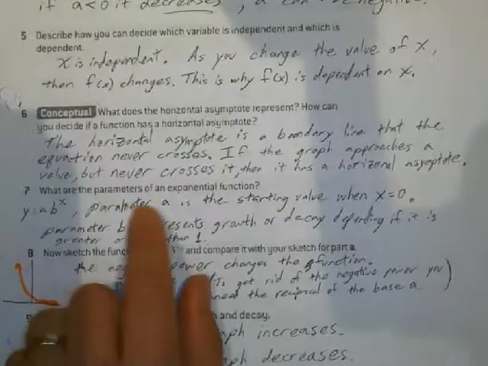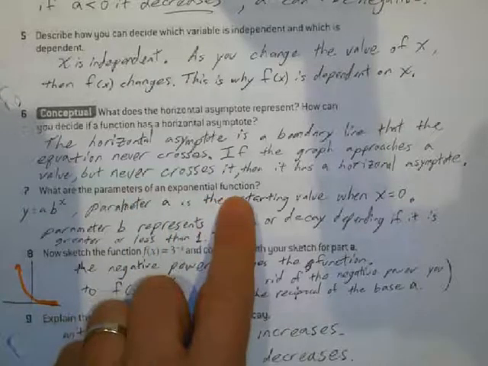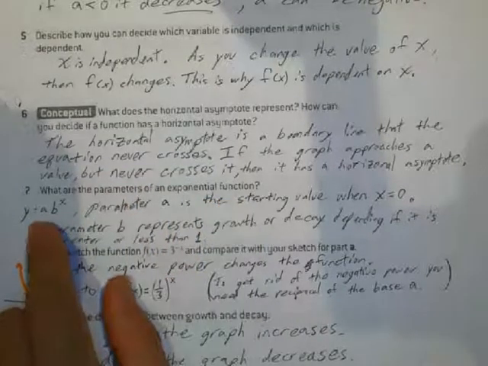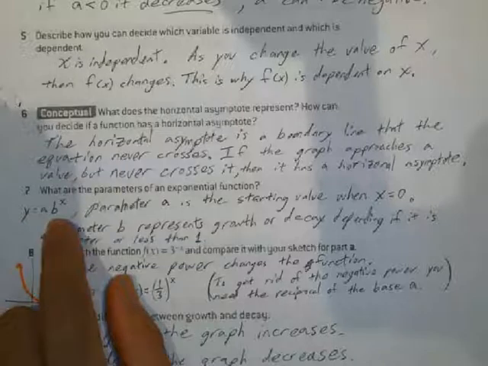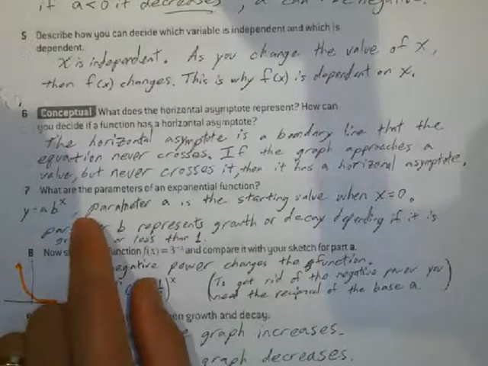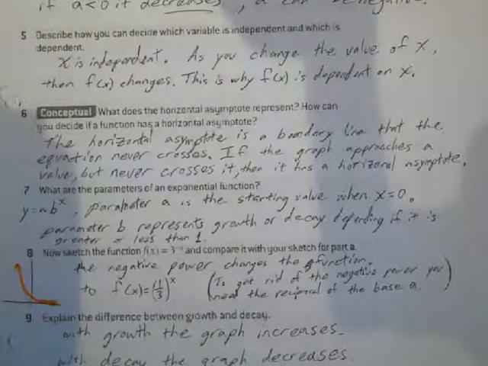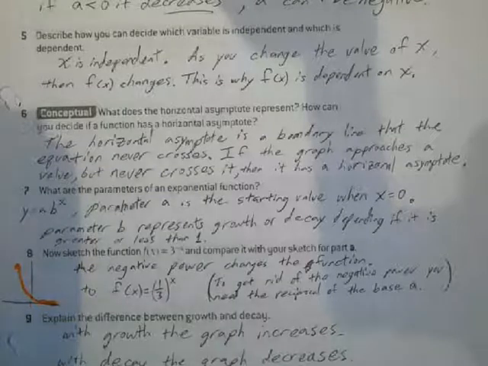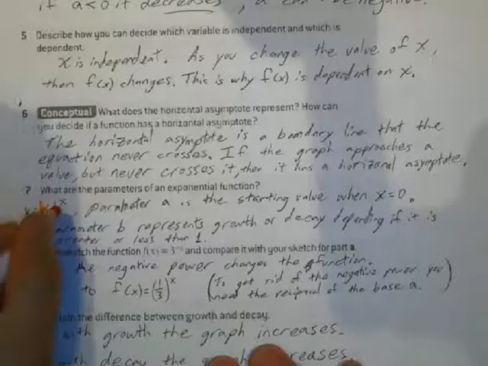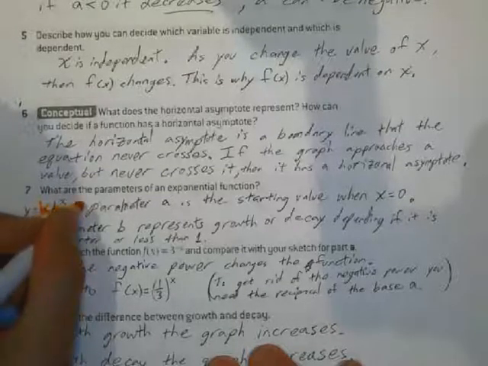Okay. And then what are the parameters of an exponential function? So the parameters of an exponential function are a times b to the x. Actually, we used different letters. We used k and a and c.